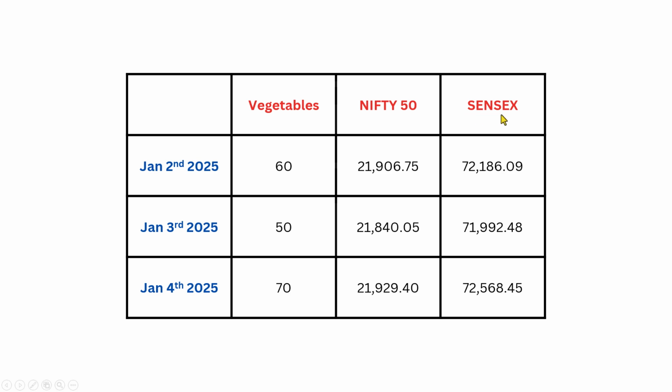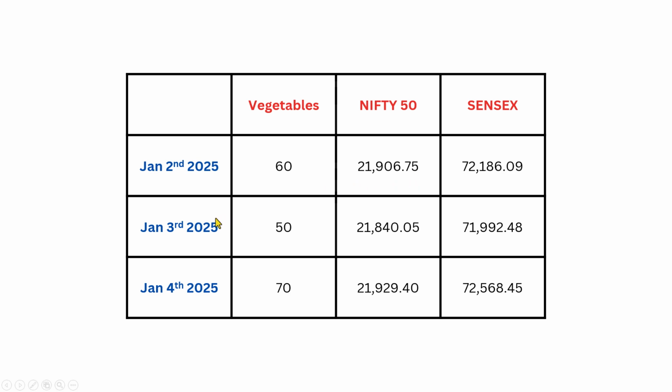Sensex is an index. What is an index? I will tell you later. Now let us concentrate on this table only. The value of Nifty 50 on January 2nd was this much.